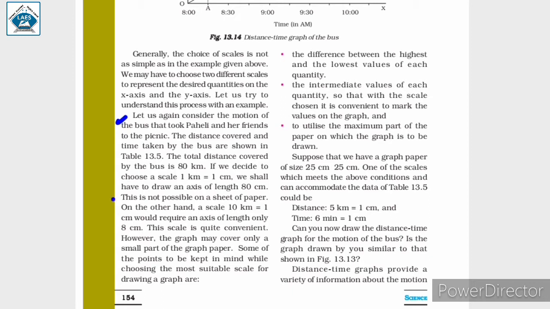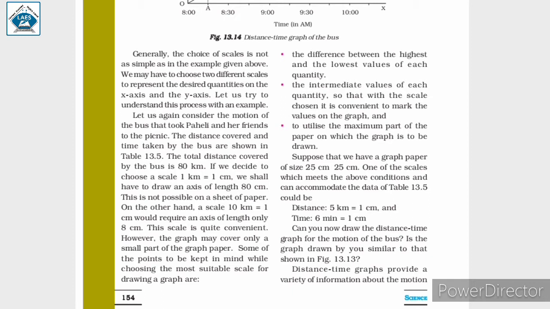This is not possible on a sheet of paper. On the other hand, a scale of 10 km is equal to 1 centimeter would require an axis of length only 8 centimeter. This scale is quite convenient. However, the graph may cover only a small part of the graph paper.